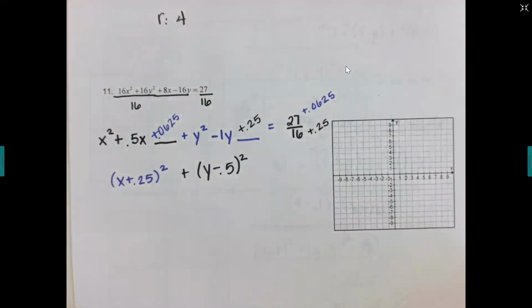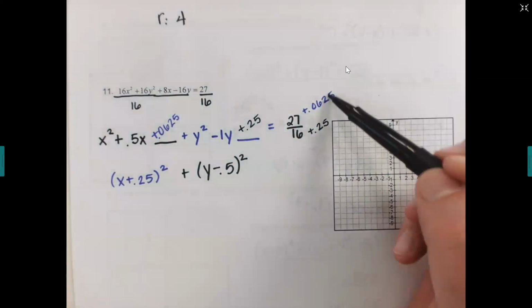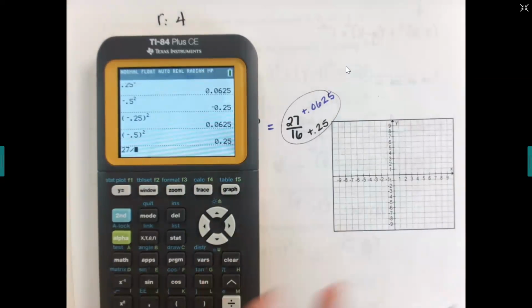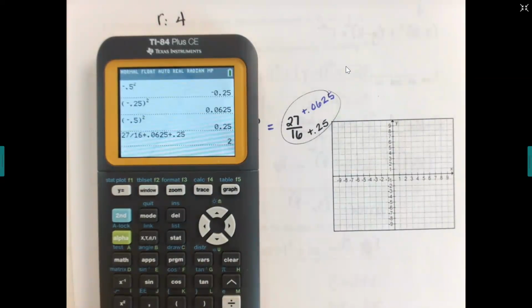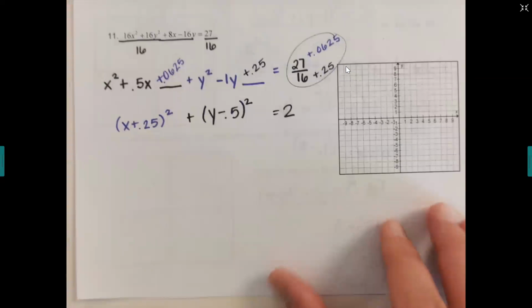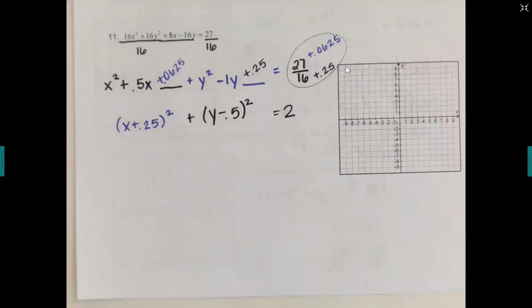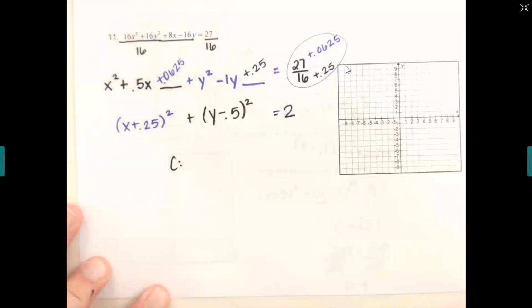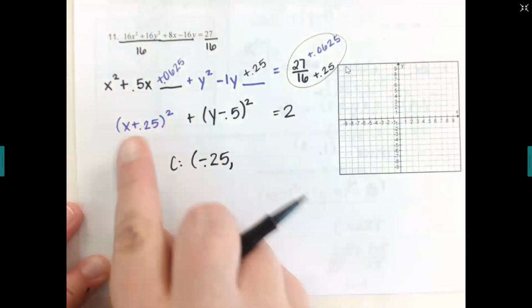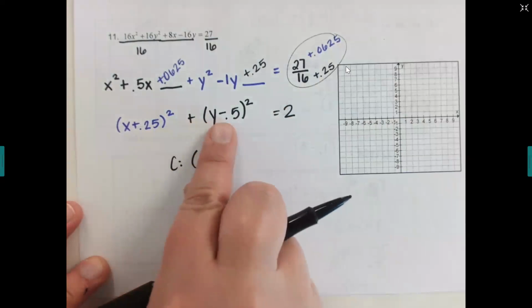Okay, and then your last little bit of this would be just to add this up. So in my calculator, I'm going to do 27/16 plus 0.0625 plus 0.25, and I get 2. What's my center going to be? Change the sign, so now it's a negative. And then what about my minus 0.5?